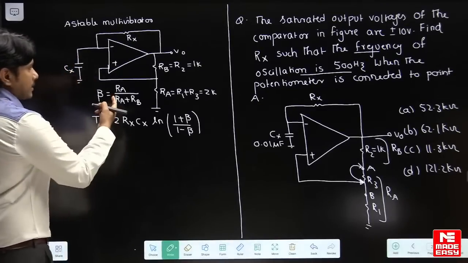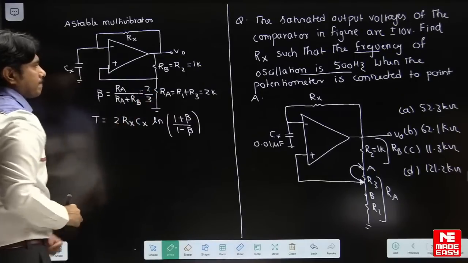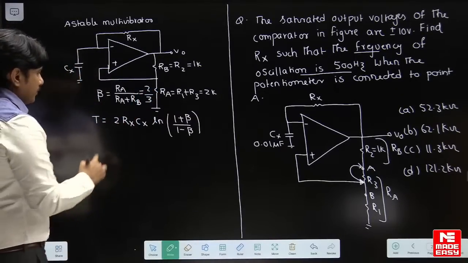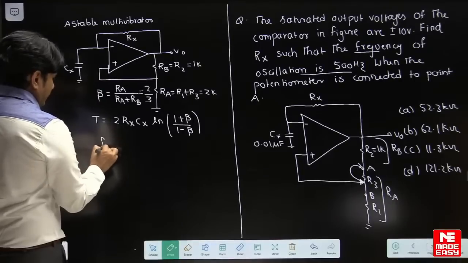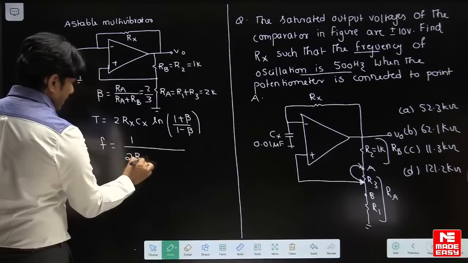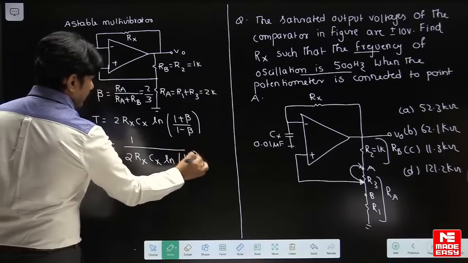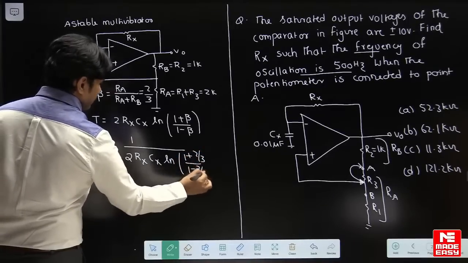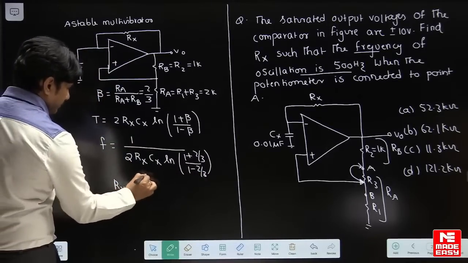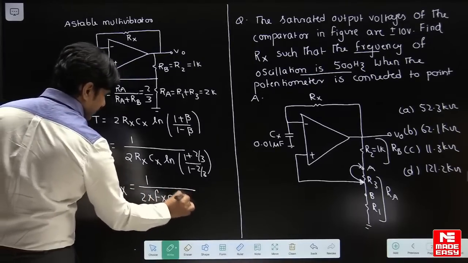So this calculation, if you do it from here, beta value is coming 2 by 3. So F, the frequency of oscillation, is 1 by 2 Rx Cx ln of (1 plus 2 by 3) by (1 minus 2 by 3). If you want to find Rx, it is 1 by 2 into F into Cx into ln of 5.